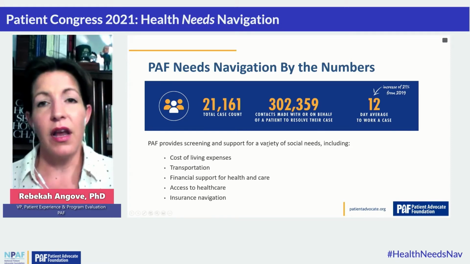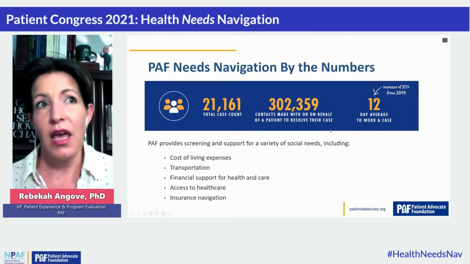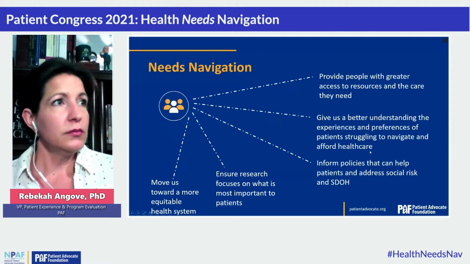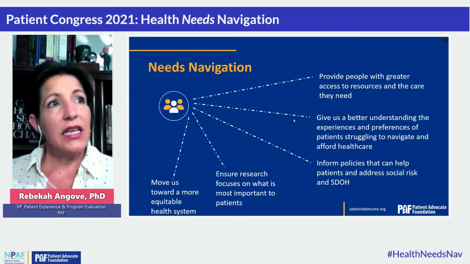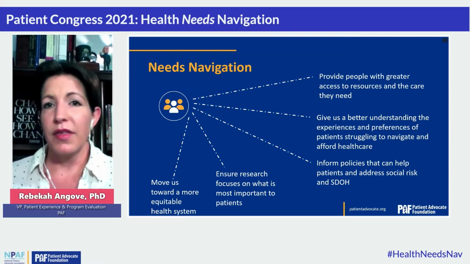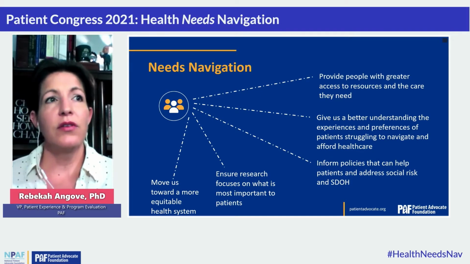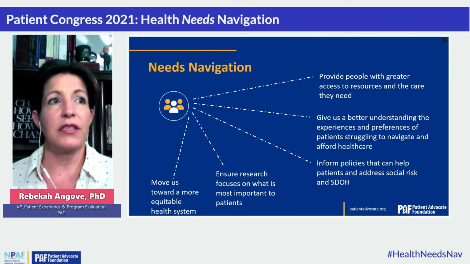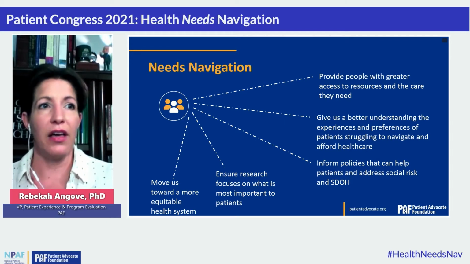We have a number of contacts that we make with patients, and we spend a lot of time with our patients. Again, needs navigation provides people with the resources and the care they need, but it also gives us an understanding of the experiences and preferences of patients struggling to navigate and afford healthcare.